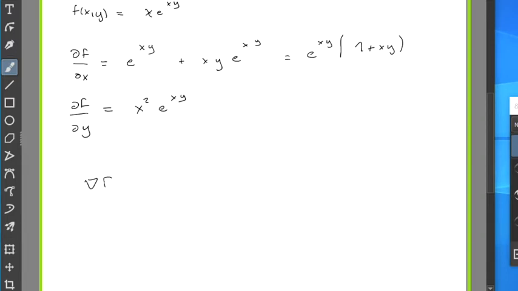And then the gradient is simply formed by writing the two partial derivatives as components of a vector. What we then get is (e^(xy)(1 + xy), x² e^(xy)). Okay, so that's already the first exercise.